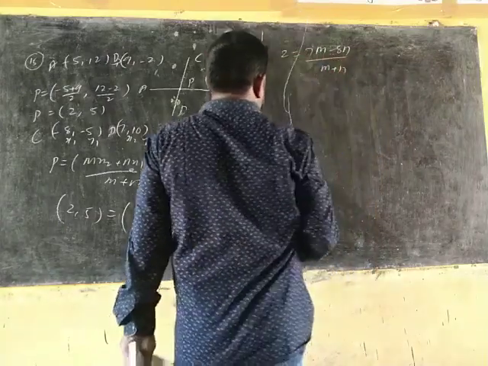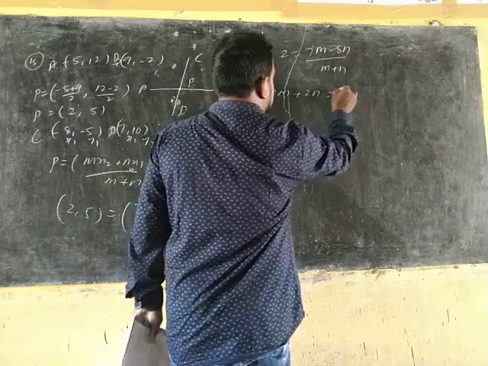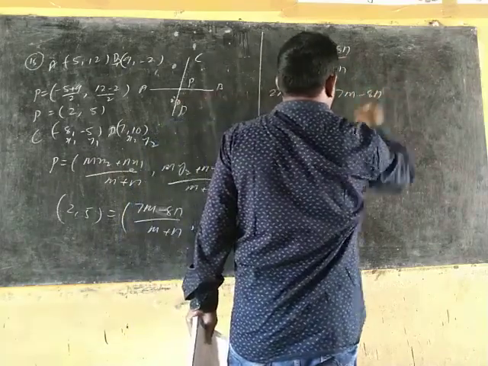You do cross multiplication: 2m plus 2n is equal to 7m minus 8n.